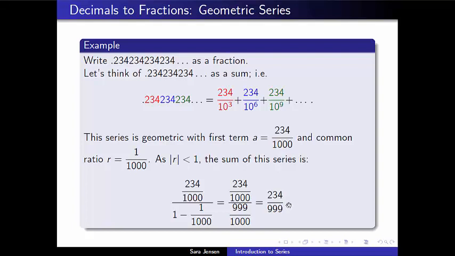This is a fractional representation of 0.234 repeating. And this trick of identifying what is the fundamental portion that repeats over and over again and rewriting the repeating part as shifting copies of the same first term is a trick that will always work to find a fractional equivalent of a repeating decimal.